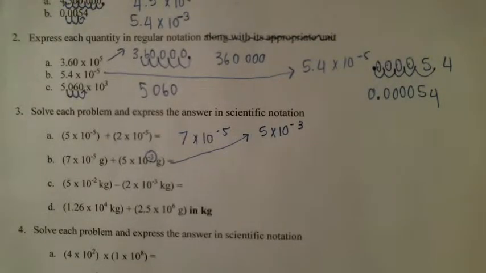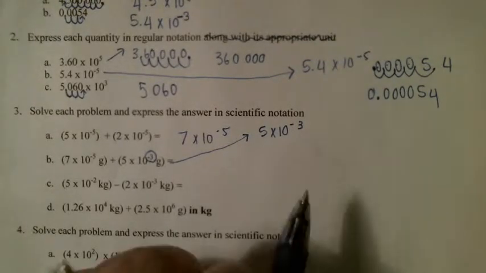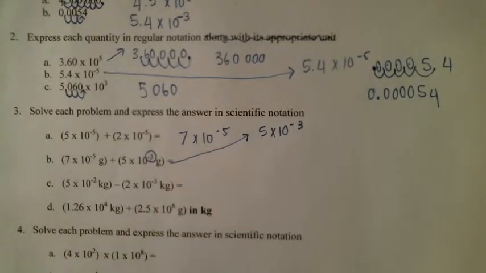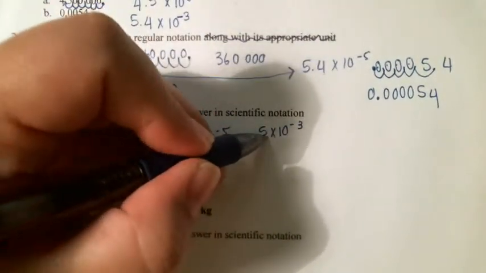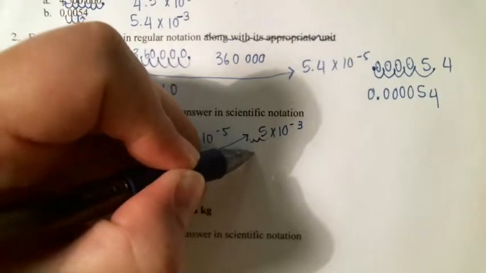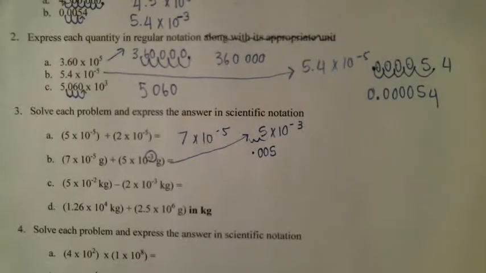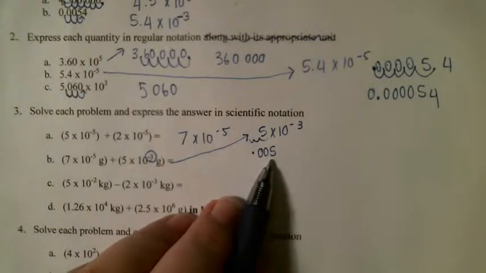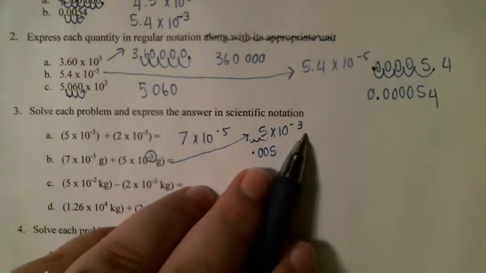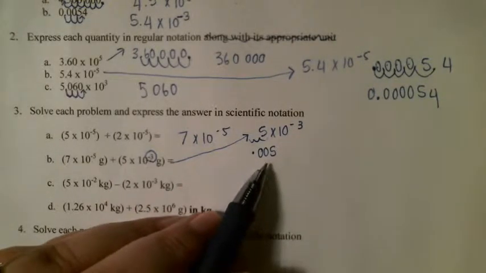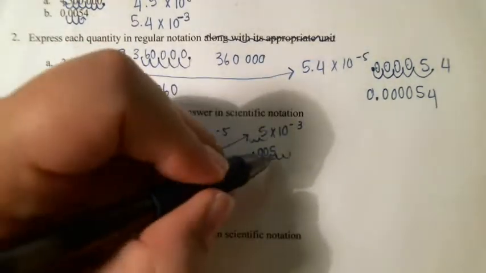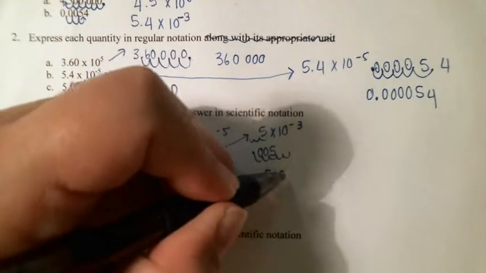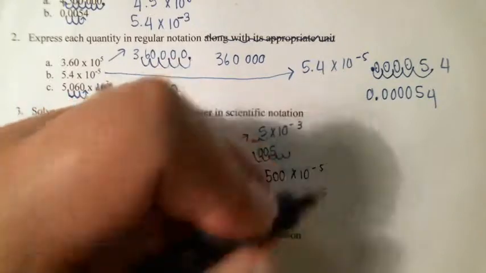I want to write that now so that my exponent for this value is -5. If I write out this number, it is 0.005. In order to write this value with an exponent that is -5, I need to go 1, 2, 3, 4, 5, hop my comma, and then realize that I'll have to write 500 times 10 to the -5th.